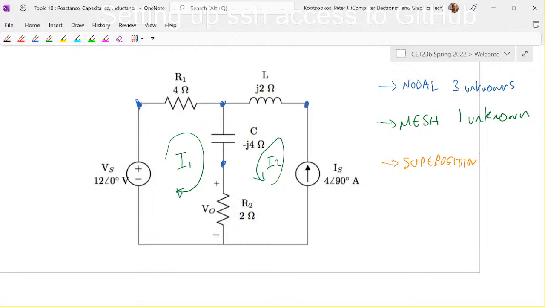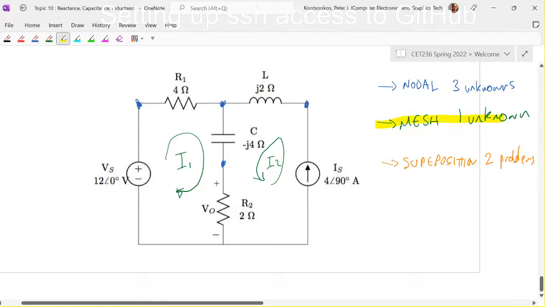Right, so that one, I don't have to use any matrices. I can just do a current divider and then Ohm's law to get V out. So that one's probably got 2 problems. So I would probably go with mesh analysis for this one, right? Just because it seems to be the simplest approach.